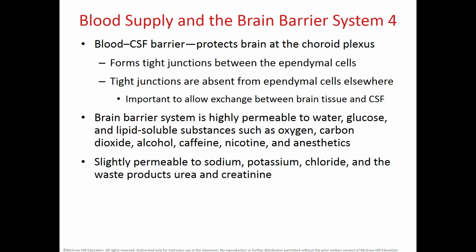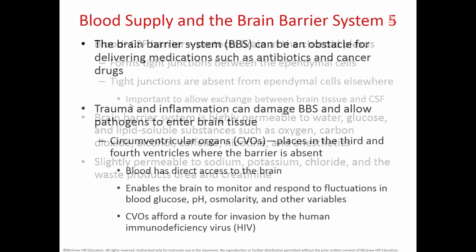The brain barrier will be permeable to water, glucose, and lipid-soluble substances like oxygen, carbon dioxide, alcohol, caffeine, nicotine, and anesthetics, and it will be slightly permeable to ions like sodium, potassium, chloride, and waste products of urea and creatinine.